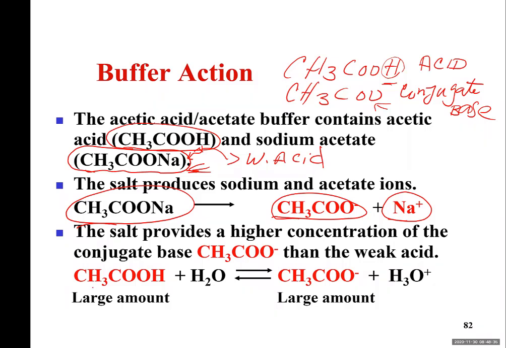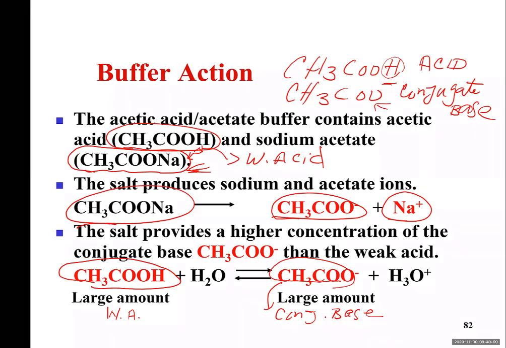Actually, it's here. I'm sorry, this is a weak acid, I meant. Weak acid breaking down. If it loses a hydrogen, you get CH3COO minus. So this is the conjugate base, and this is the acid form.